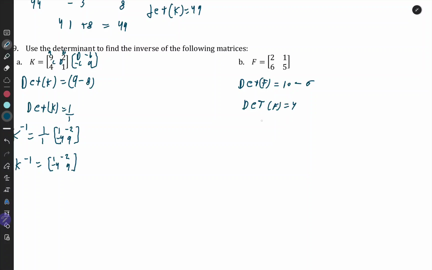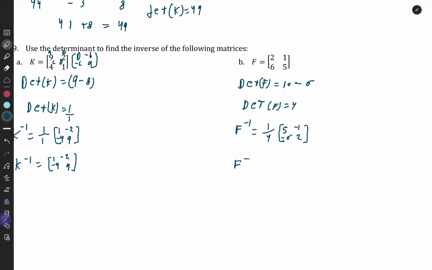And now what we do with determinant of F, 4, is this. We have inverse of F, which is going to be 1 over 4. And now what we do is we multiply that by the inverse of F. So we have 5, 2, -6, -1. Now what we do is we just multiply this by that.